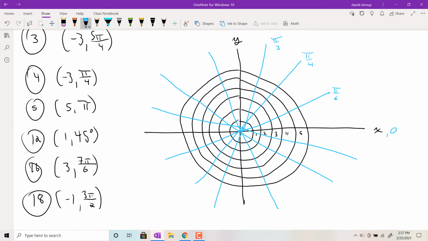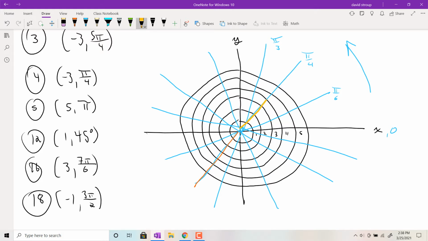Right, so what do we have first? -3, 5 pi over 4. So I rotate the 5 pi over 4. I'm going in this direction. So here's 1, 2, 3, 4, 5 pi over 4 is this line right here. And then I need to go -3. So again, there's kind of like the positive part of the arm here, and then there's the negative part of the arm. I'm running out of colors.